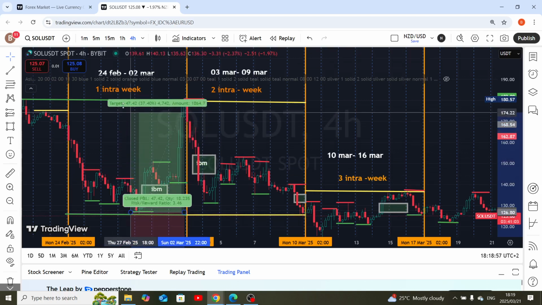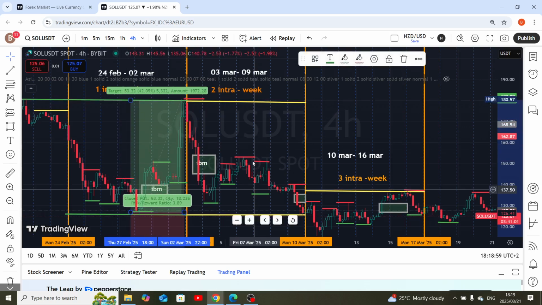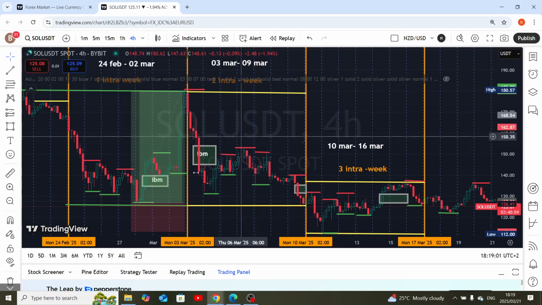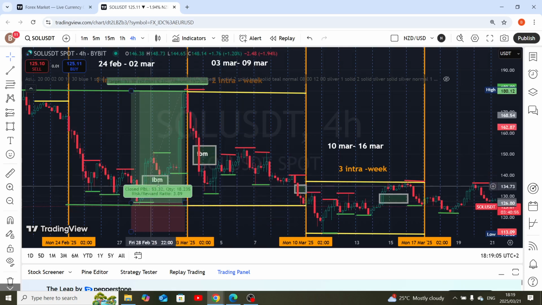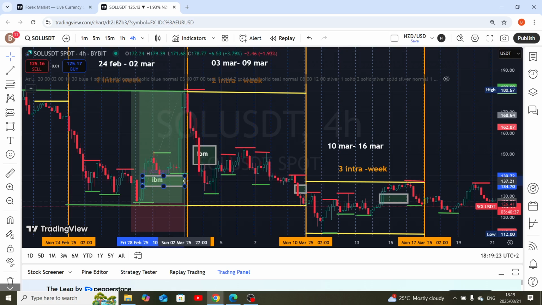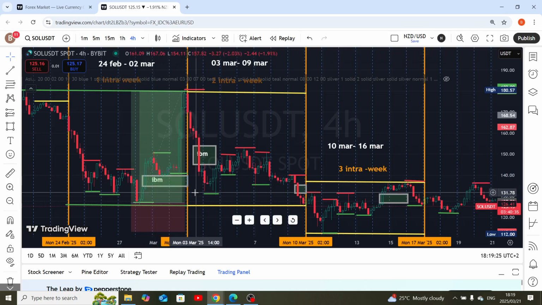So if you were trading this, it was a good entry to take, because we also had an imbalance here. An imbalance shows that this was a point of interest. This is a very powerful demand zone. From this zone, it's an order block.